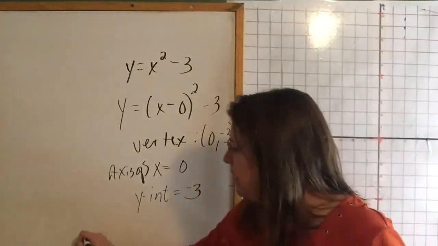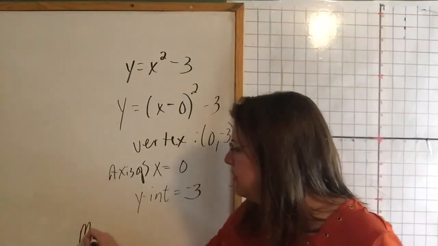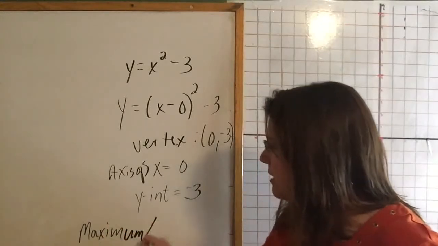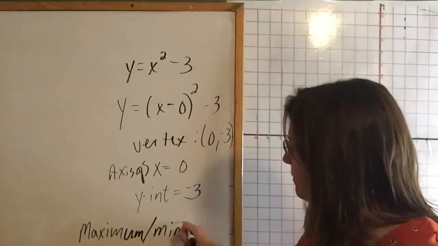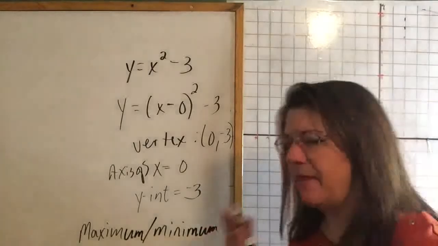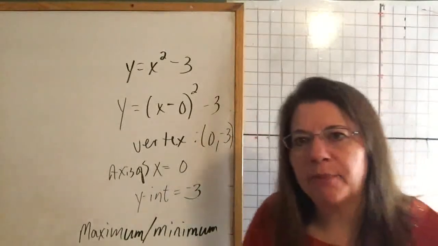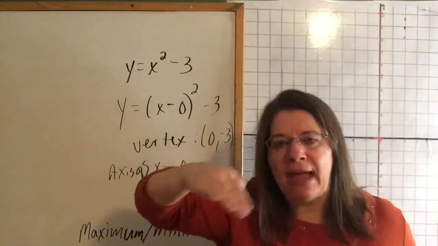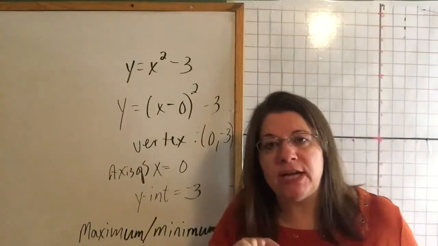and that is my maximum and minimum value. Well, if we think about that, if we have a parabola that is going up, won't it have a minimum value wherever the vertex is?